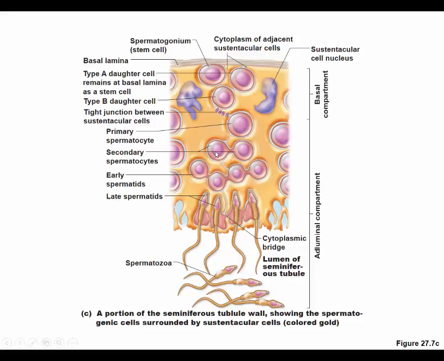Then each of these cells is going to divide into two. This one divides by meiosis 2 to form these two, and this one divides through meiosis 2 to form these two. So we have a total of 4 after meiosis 2, just like we saw in the generic example we went through. These are called spermatids. How many chromosomes in the spermatids? 23, or haploid again, right?